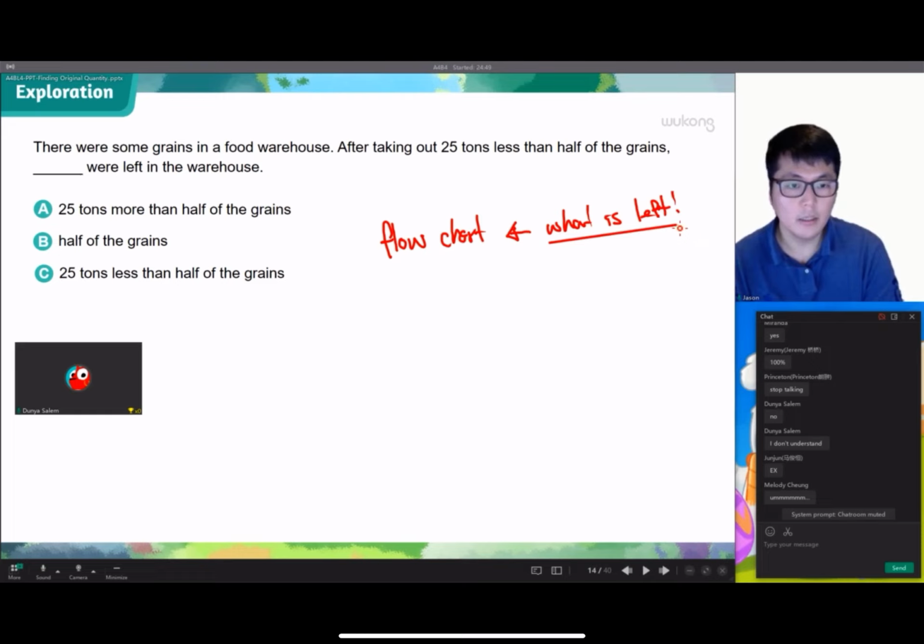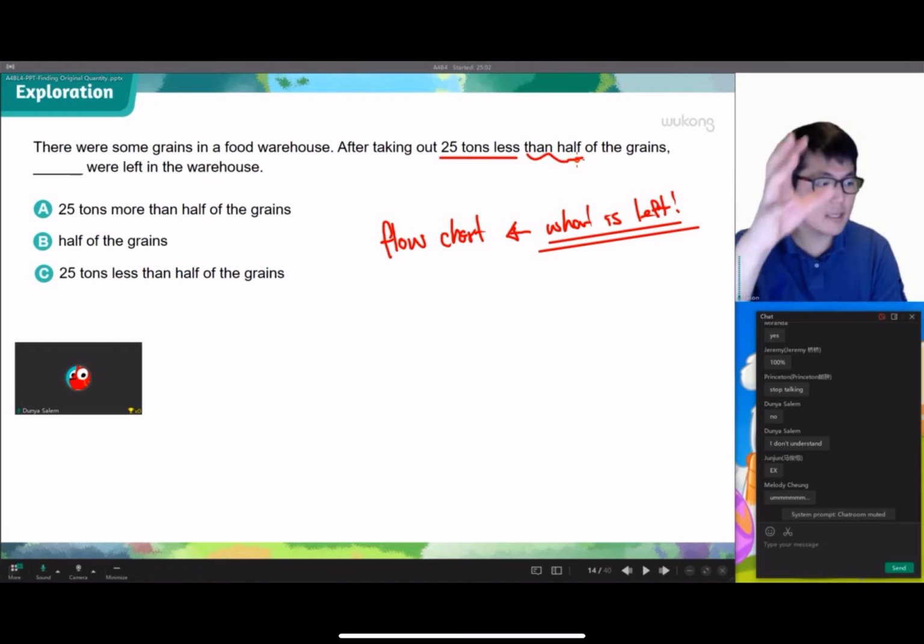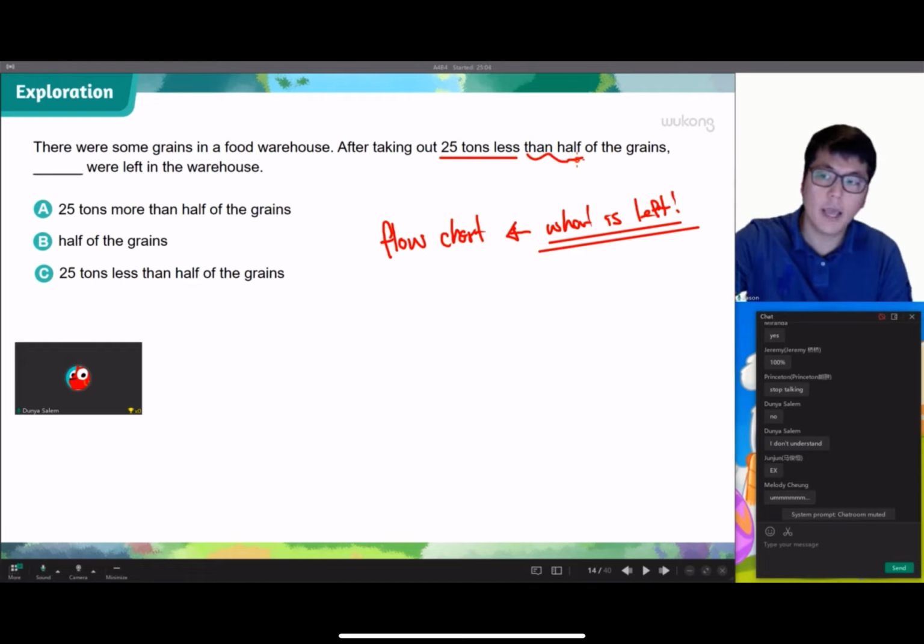There were some foods in your warehouse, but you took out 25 tons less than half. So that's how much you took out. How much is left in the warehouse?